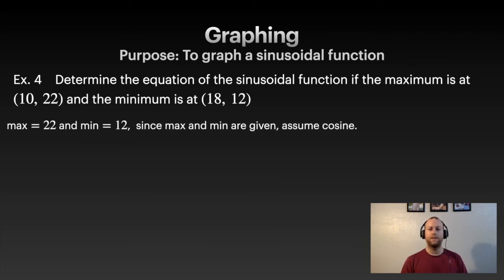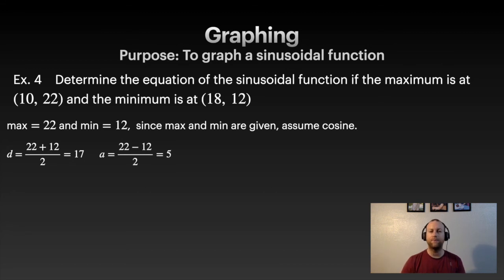Since we're given the maximum and minimum, let's go cosine. We're not told anything about the midline. Let's just assume cosine and say the maximum point is where we're starting from, just to make our lives easier. First let's figure out d. Take the max plus the min, divided by 2, that gives you the midline.